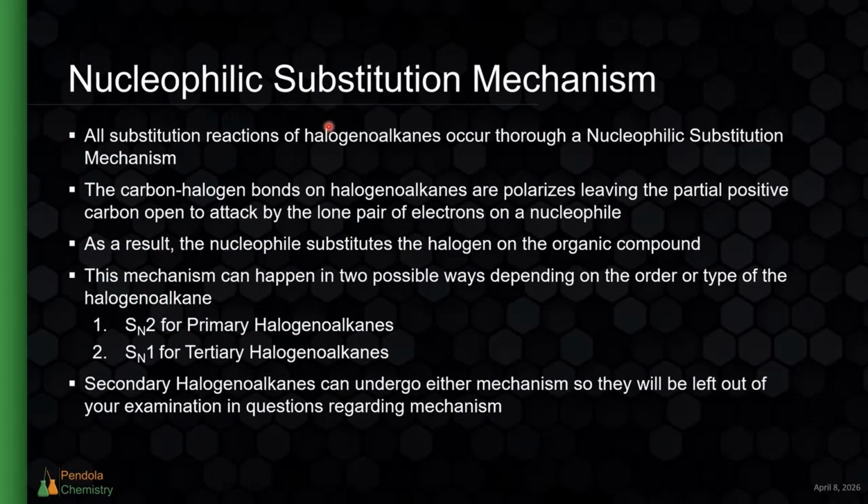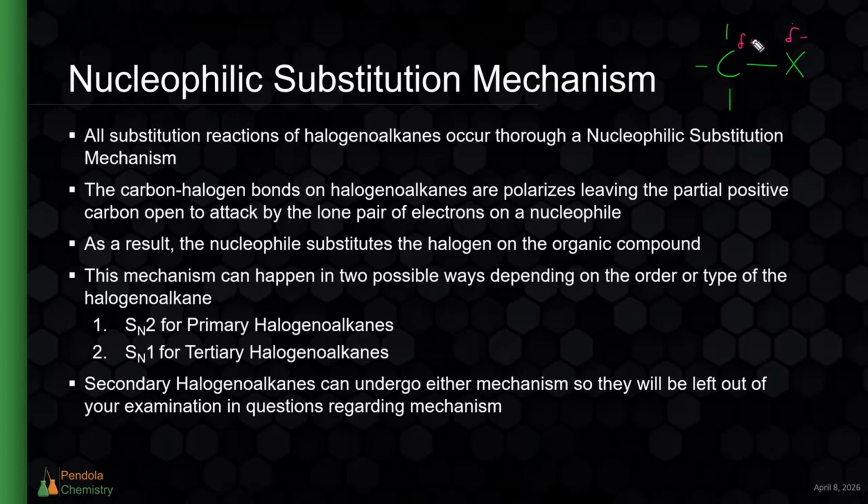Nucleophilic substitution reactions, as we discussed earlier, happen because of the polarity of the carbon-halogen bond. Whenever we have a bond between a carbon and a halogen, like chlorine, iodine, fluorine, the carbon is going to be partially positive while the halogen becomes partially negative. That's because of the difference in electronegativity.